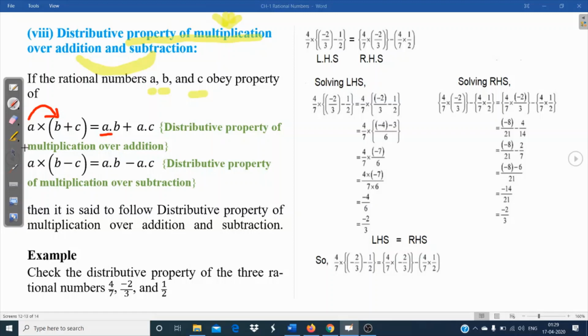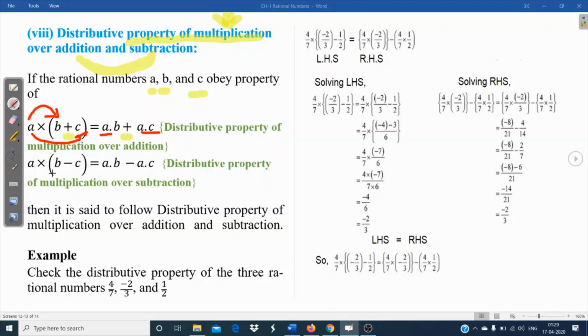Then hide this first term, so a will get multiplied by c. So first we multiplied a by b, then the plus sign, then a multiplied by c. What do you get? ac.